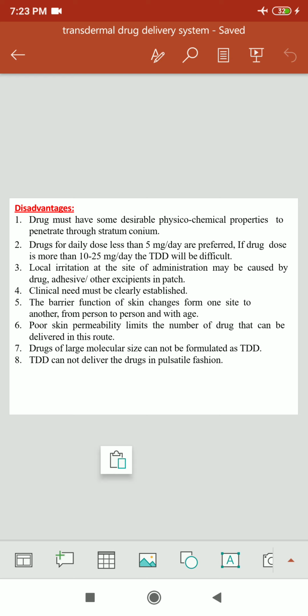Poor skin permeability leads to a lesser amount of drug release. Larger molecular size cannot be formulated for this system. They cannot deliver the drug in a pulsatile fashion.